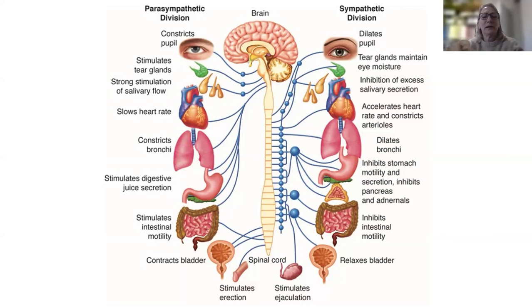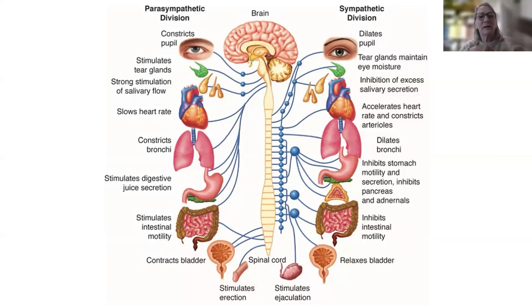If you're having a look at the eyes, for example, the parasympathetic nervous system constricts the pupil. So when it's constricted, you're in a relaxed state. On the other side, the sympathetic nervous system dilates the pupil to let in the maximum amount of light so that you can see as well as can be expected. You're giving your eyes optimum ability to see and react to things.